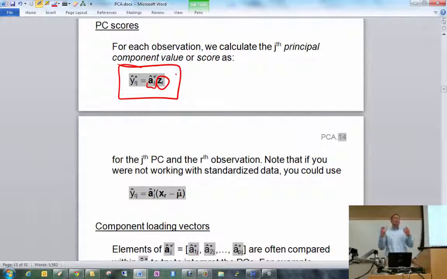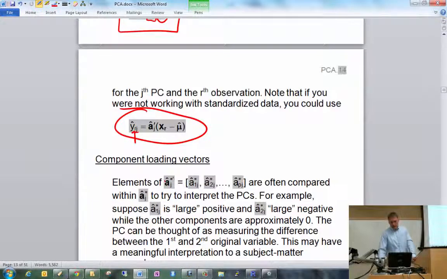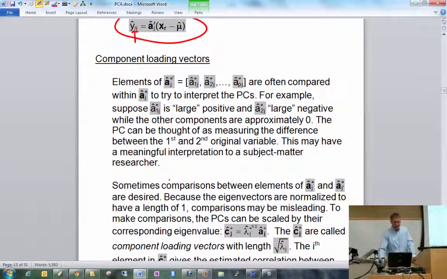If we were not working with the correlation matrix, and were working with just the covariance matrix of the original X variables, this is how you would find the PC scores. Essentially, it's the equation that I showed you at the very beginning, except now we have an extra subscript with an R there, to say which observation we talk about.